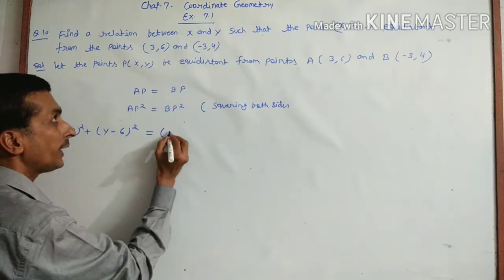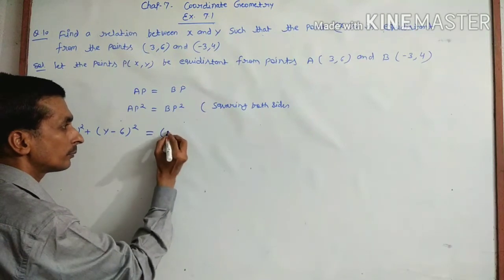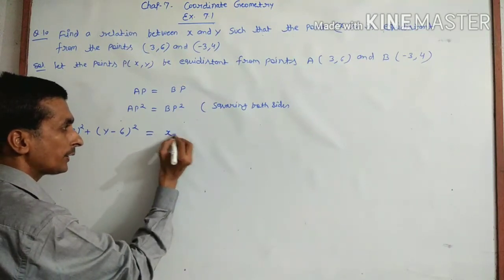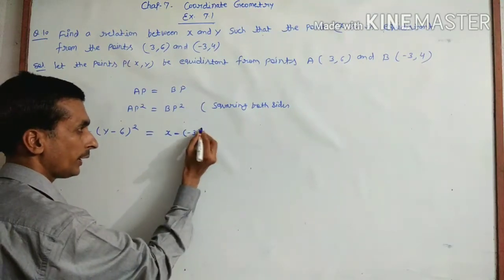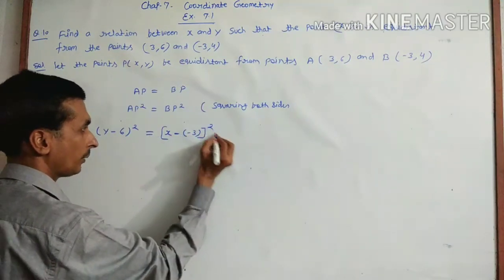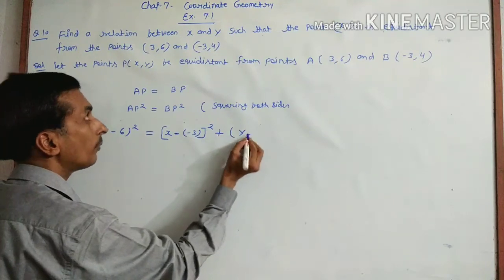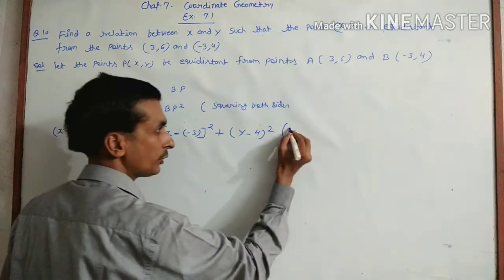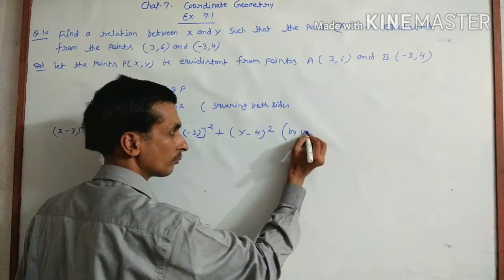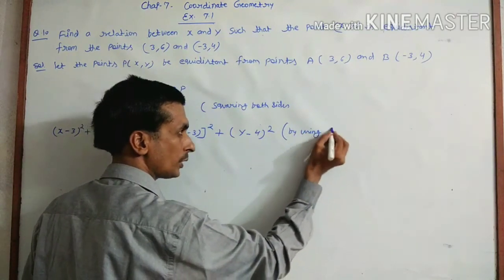So first x minus, and value minus 3, you can write x plus 3, whole square plus y minus 4 whole square, by using the distance formula.